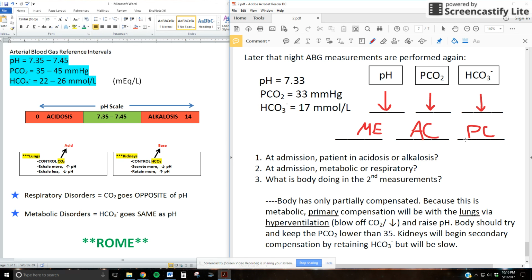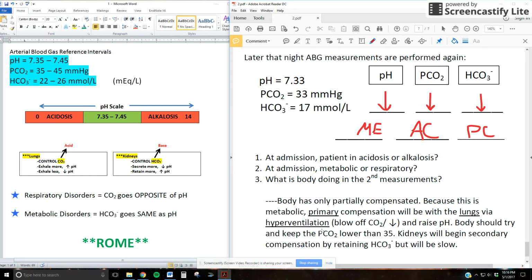Well, we know from our diagram the body has only partially compensated. Because this is metabolic, the primary compensation will be with the lungs via hyperventilation. Now, why is that? Well, the body is going to try and blow off this carbon dioxide, the acidic component, decrease it, and then raise the pH as a result.